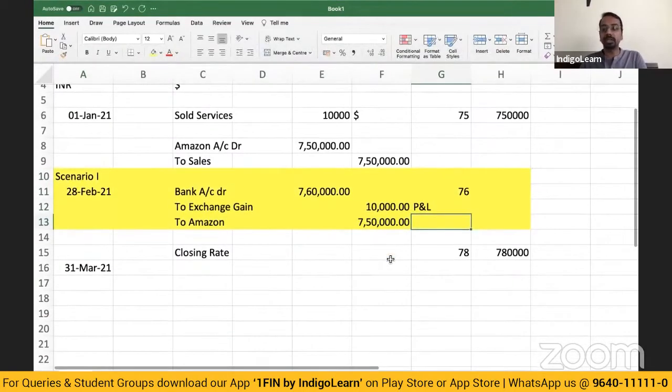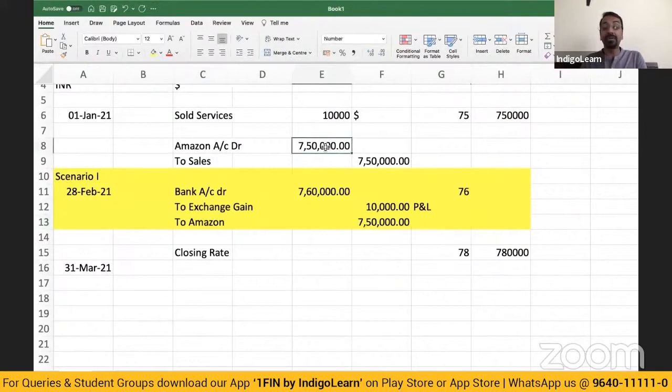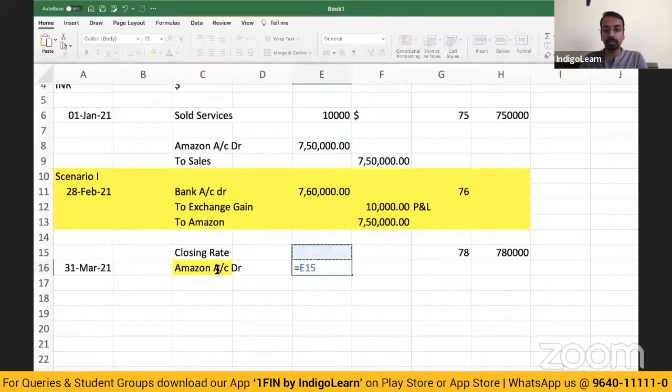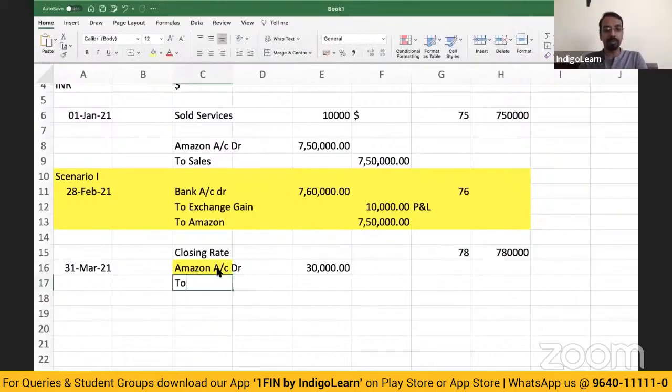Now assume the transaction is not settled on 31st of March, the exchange rate is 78. What would you do in that case? Now amount receivable is not 750, amount receivable is 780, considering the exchange rate on 31st of March. So you would say Amazon account debit 780 minus 750, 30,000 to exchange gain. This is unrealized.